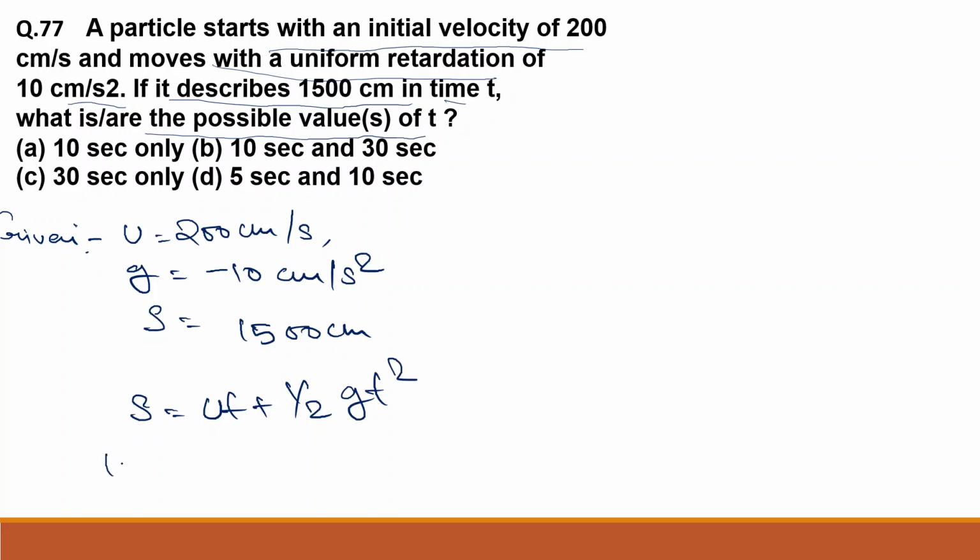S is given, 1500 is equal to 200t minus 5t square. After that we will rearrange it into an equation. We will get t square minus 40t plus 300 is equal to 0.